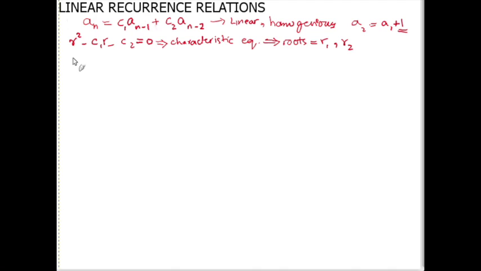Okay, so our conjecture is that an is equal to alpha 1 r1 to the n plus alpha 2 r2 to the n. So now this is actually a sequence, so we should put it like this, or we can put it in separate form like this.